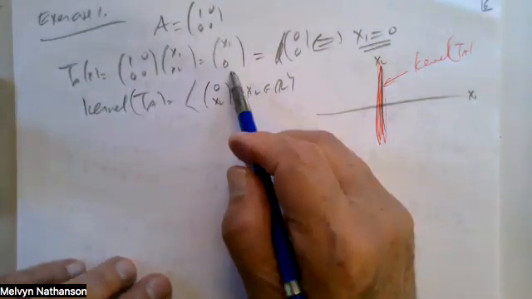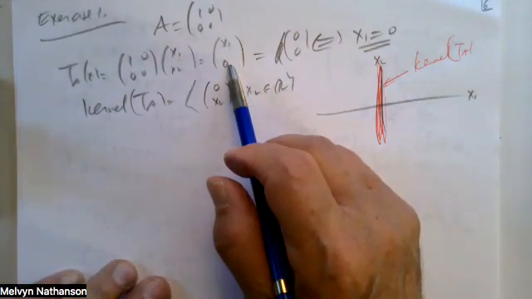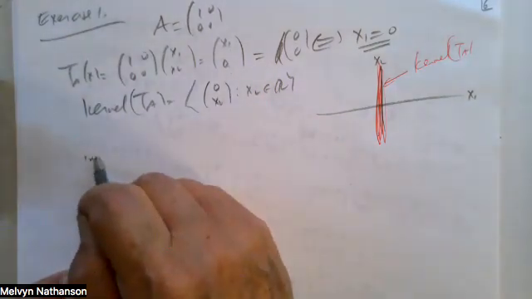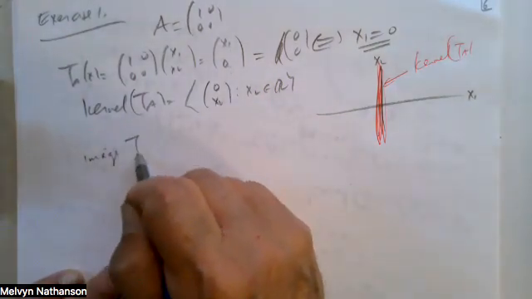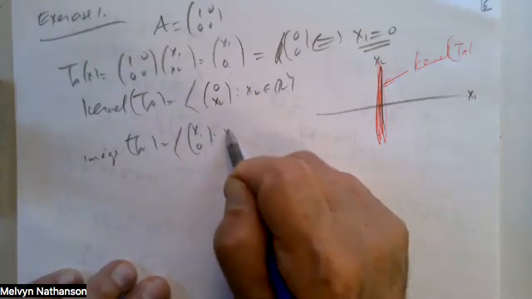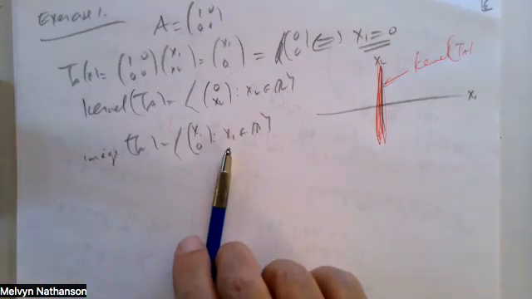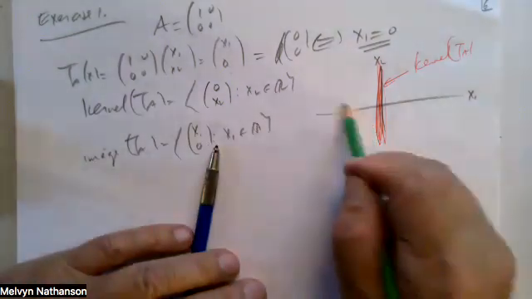And when you apply this matrix times a vector, you can get any vector where the second coordinate is 0. So the image of T sub A is all vectors x1, 0, where x1 is any number. That is the x-axis.